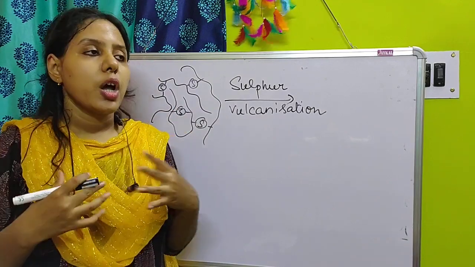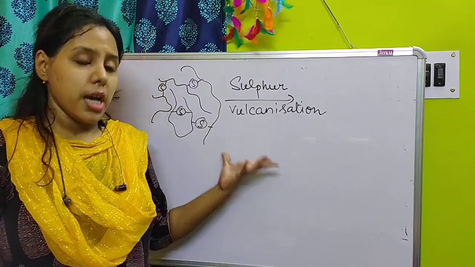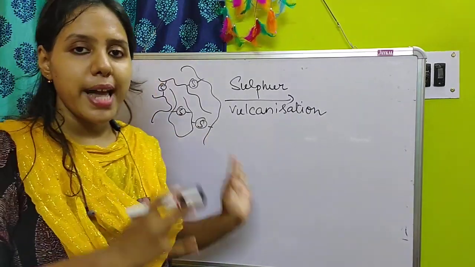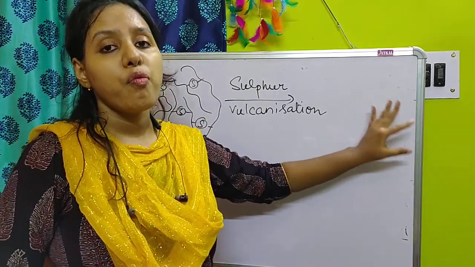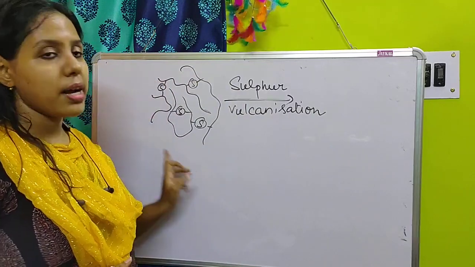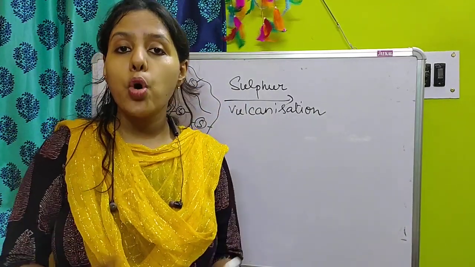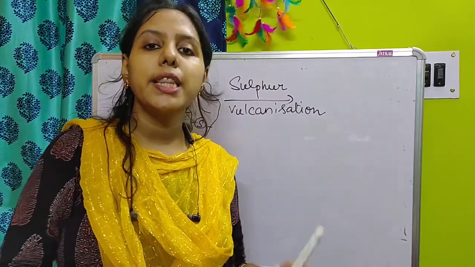So what are the advantages of sulfur vulcanization? Suppose what I have shown initially was natural rubber, and after sulfur vulcanization we are getting the vulcanized rubber. Vulcanized rubbers are stronger and have more tensile strength than natural rubber.